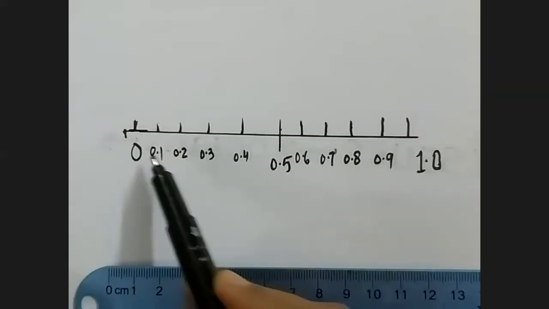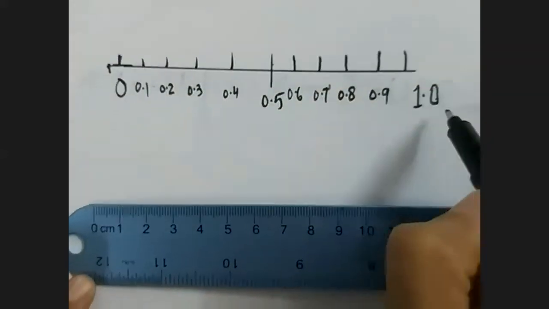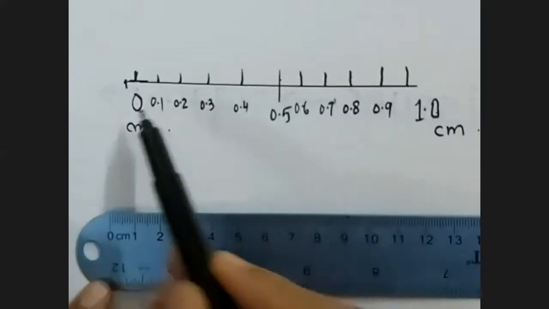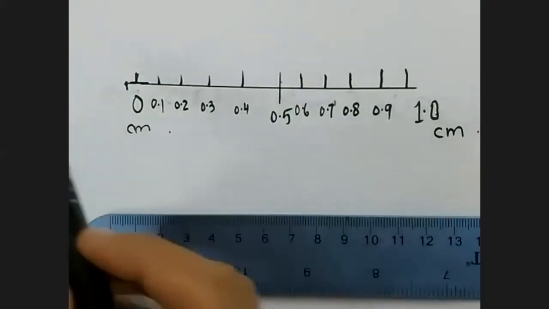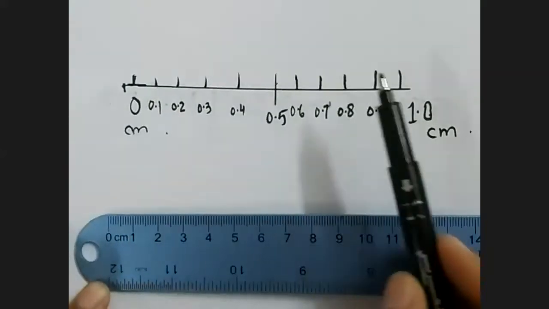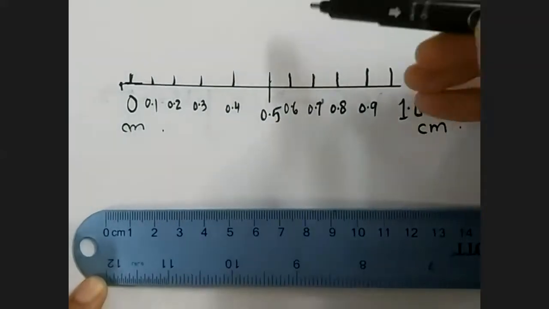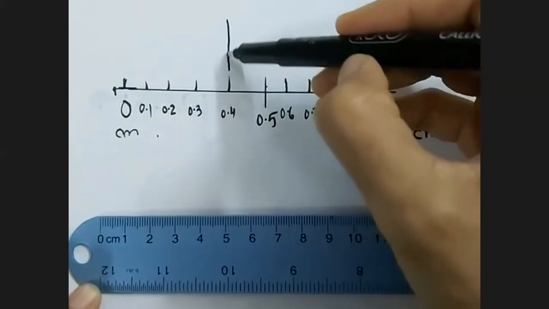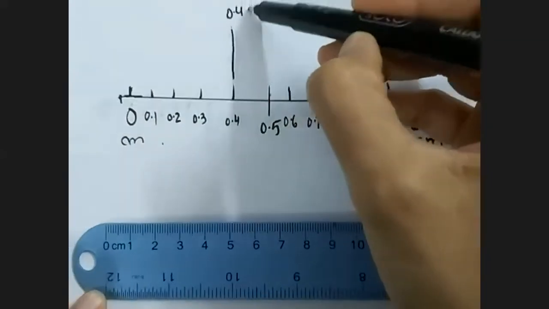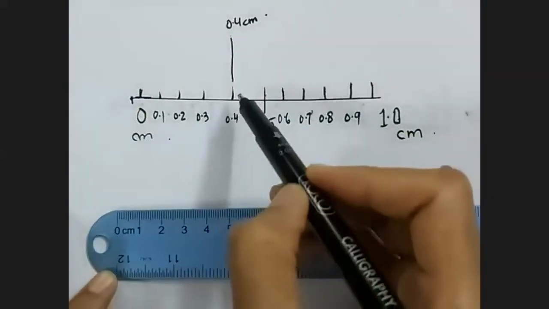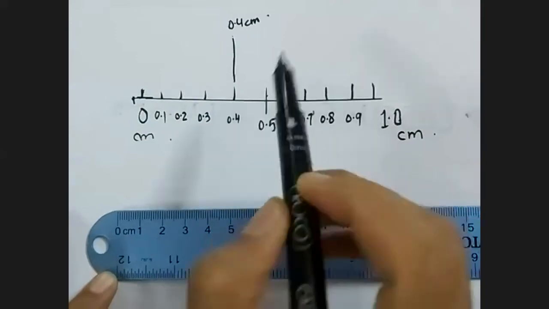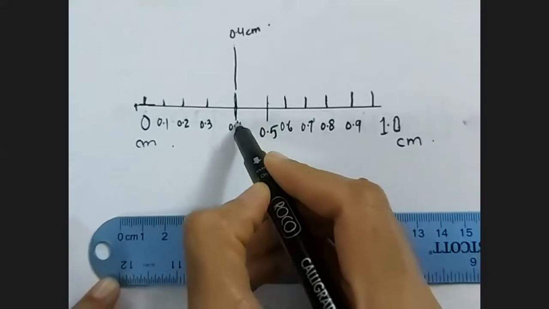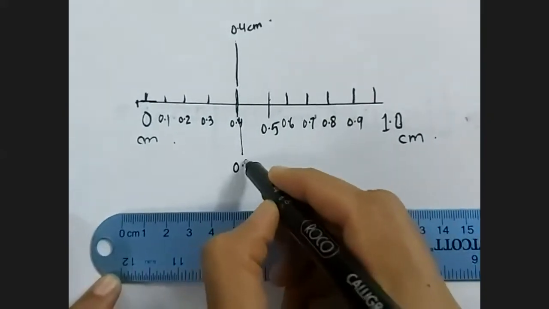I have enlarged 1 centimeter, starting from 0 to 1. What is the most accurate value that I can get? Let's say something is 0.4 centimeters long. This is the most accurate I can get.